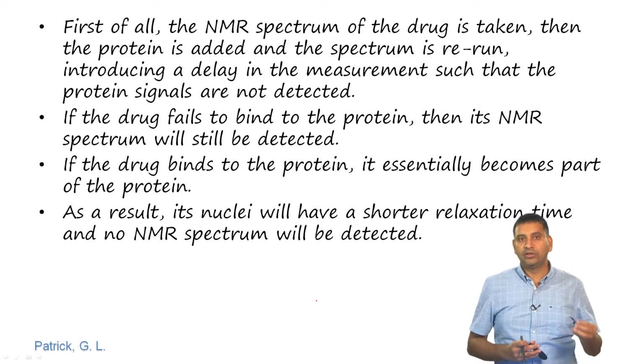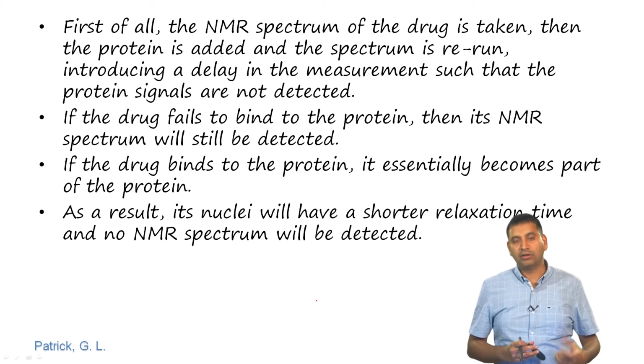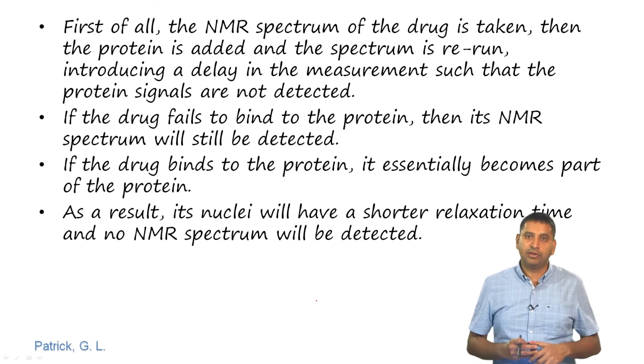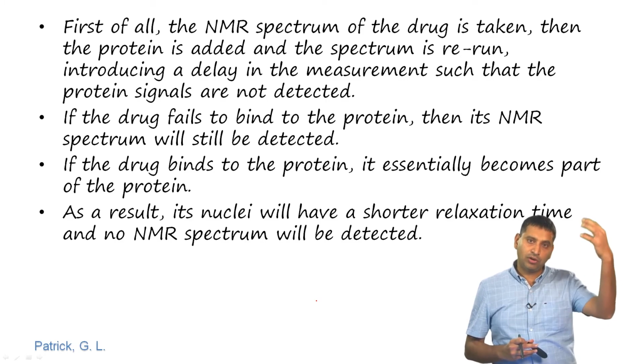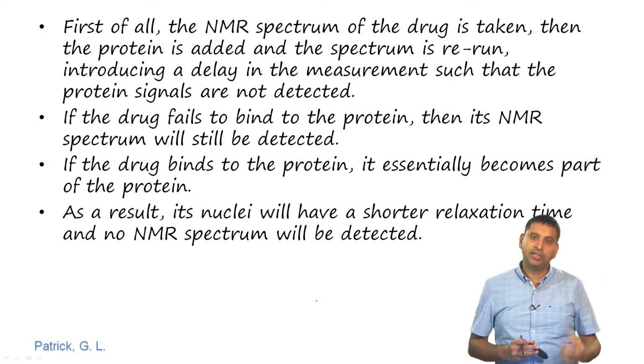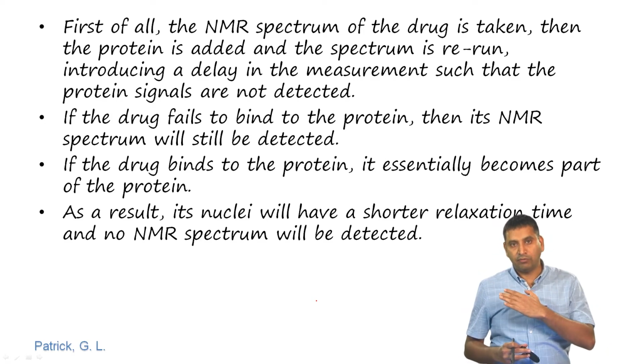So, what we do is we first take the NMR spectrum or record the NMR spectrum of the drug, then we add the protein, and so now you rerun the NMR spectroscopy, and then you allow for a delay in the measurement. So, now since you have allowed for the delay, the protein signals are all going to be completely relaxed, and so you will only find the signal for the small molecule. If the drug fails to bind to the protein, then its NMR spectrum will still be detected.